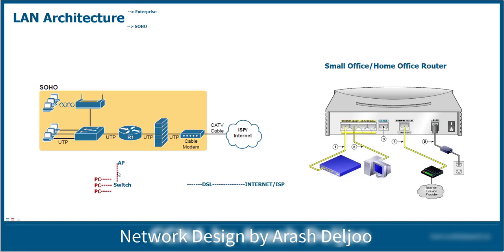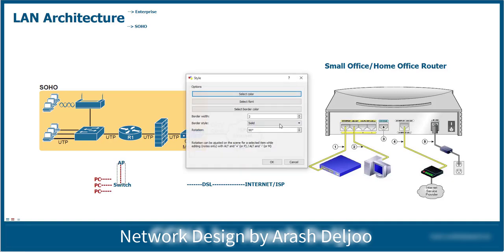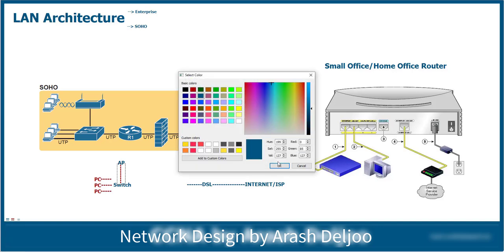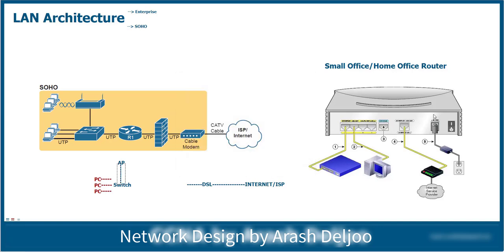Okay, this is the requirement for establishing connectivity between the wired and wireless clients, the internet, and also the WAN. Here we also have some wireless PCs, some wireless clients. Let me write here: wireless client. These wireless clients can use this AP to connect to the router, after the switch.